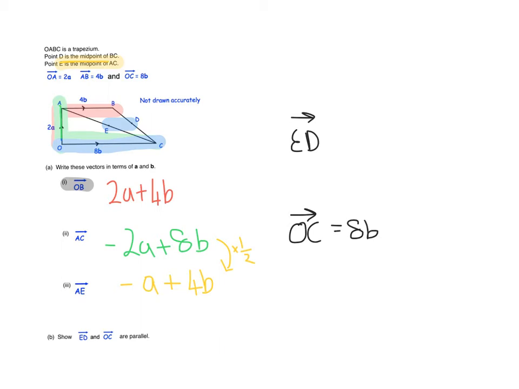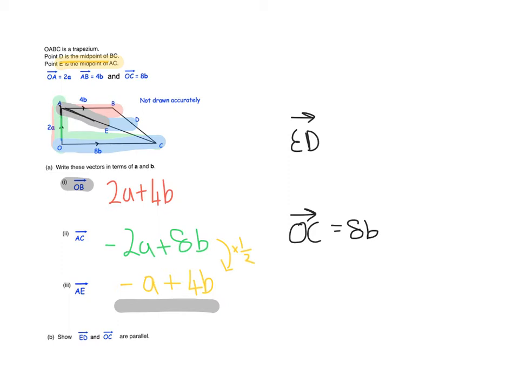Now, we've just said that A to E, so this one here, is minus A plus 4B.